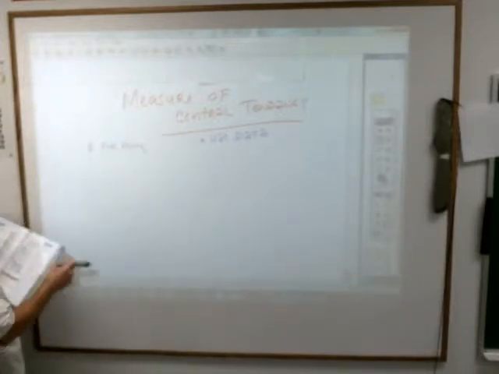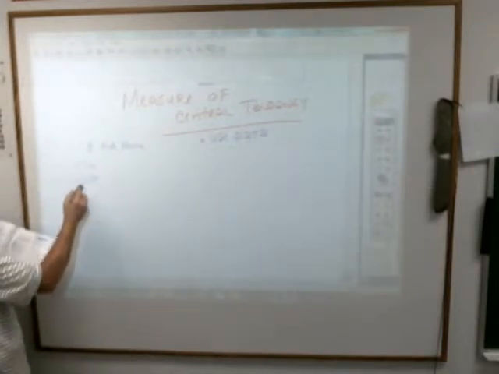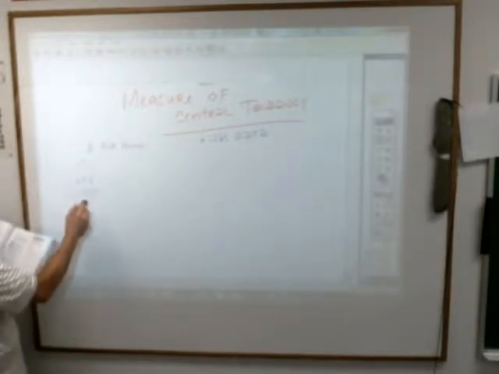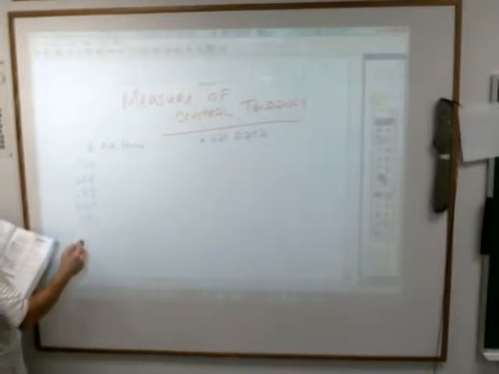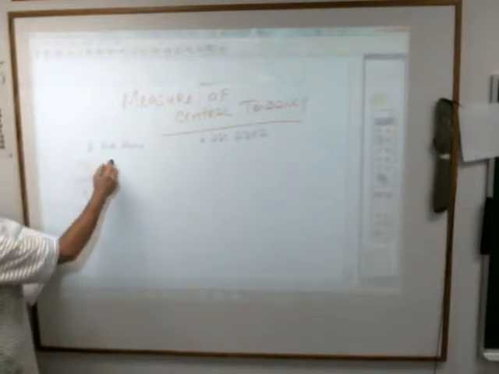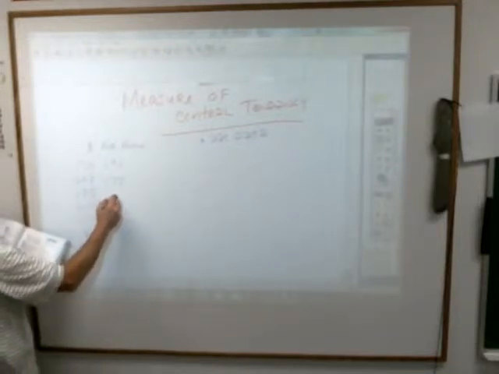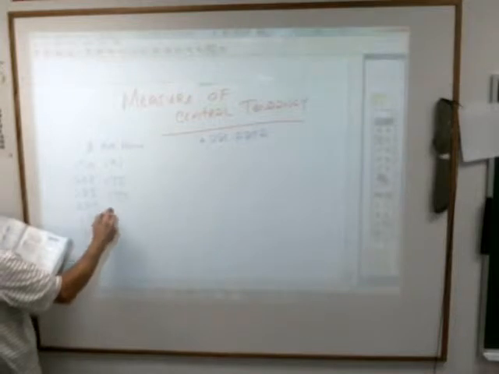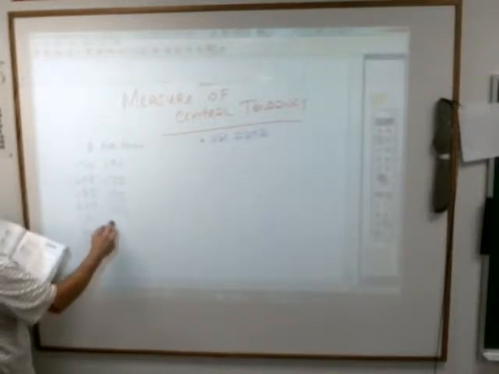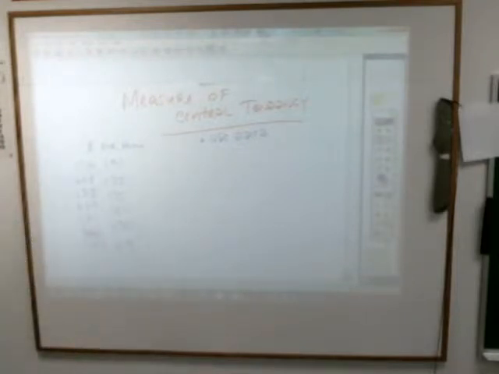Here's the prices for homes: $170,000, $208,000, $185,000, $209,000, $181,000, $183,000, $191, $175, $175, $187, $195, and $219. That's in thousands of dollars, which is probably relatively accurate.